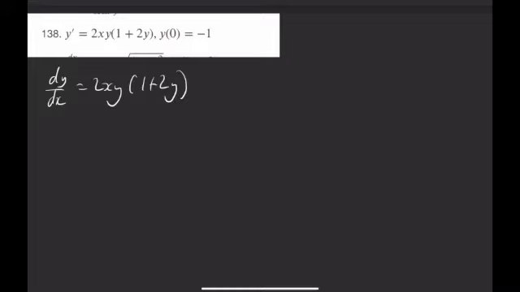Now I'm going to move all of the y's to the left-hand side of the equation and leave the x's where they are. So that gives me 1 over y(1 plus 2y) dy dx equals 2x. So I've separated the variables here.